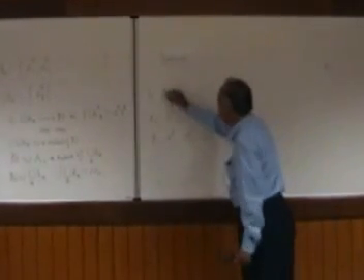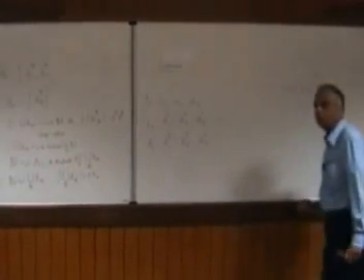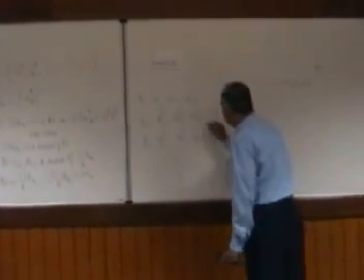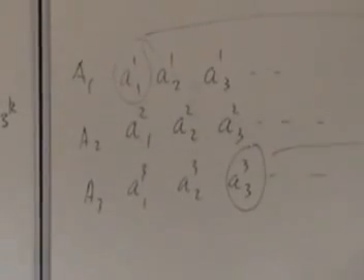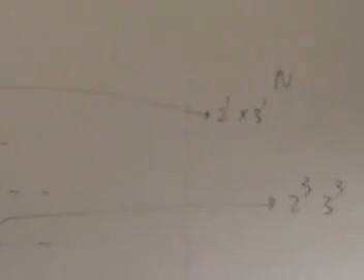Where does this fellow go? 2 to the power of 1 into 3 to the power of 1. Where does this fellow go? 2 to the power of 3 into 3 to the power of 3. And all this will be distinct because of the unique factorization theorem. So therefore this type of numbers which have only 2 and 3 as prime factors form a subset of the integers and we are done.